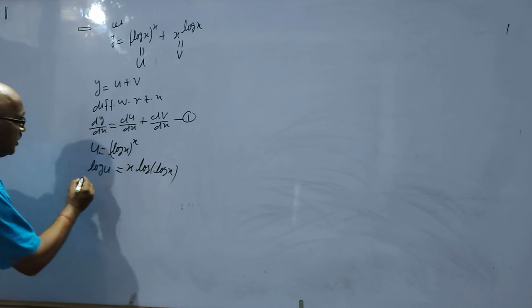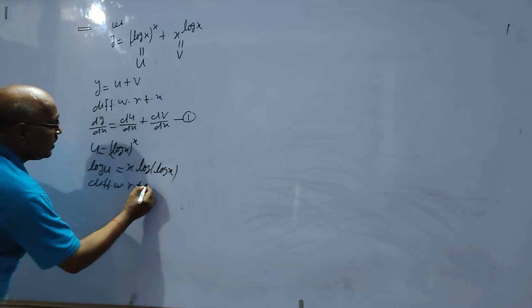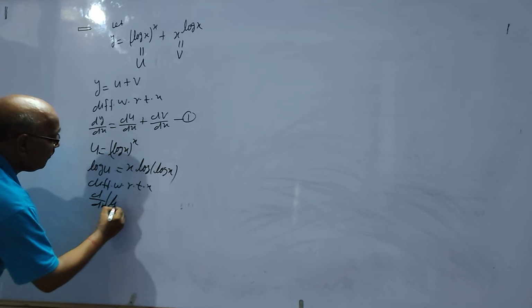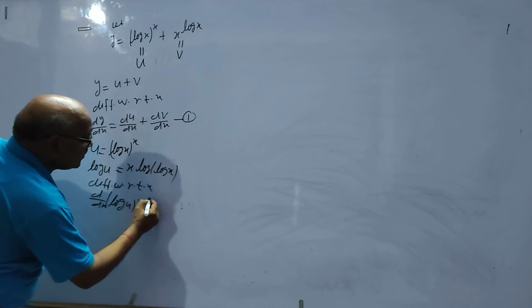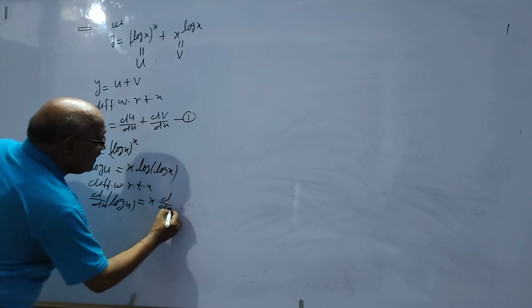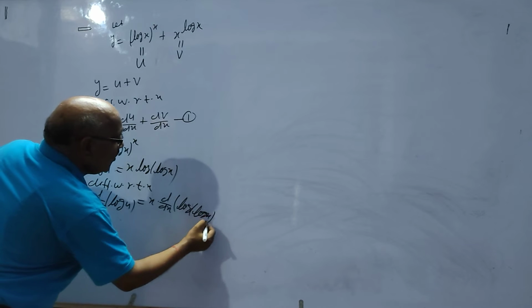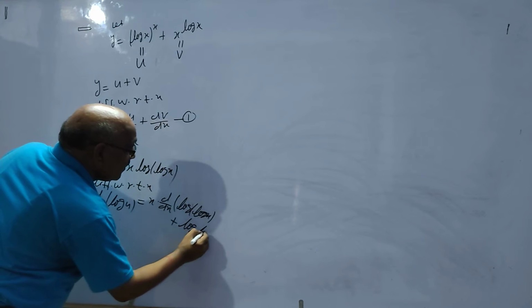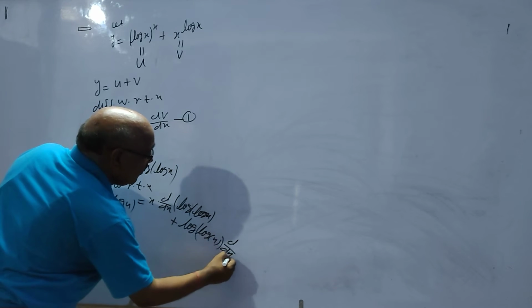Now differentiating with respect to x, d over dx of log u is equal to first function into differentiation of second function, that is log of x, and plus log of x into differentiation of x.